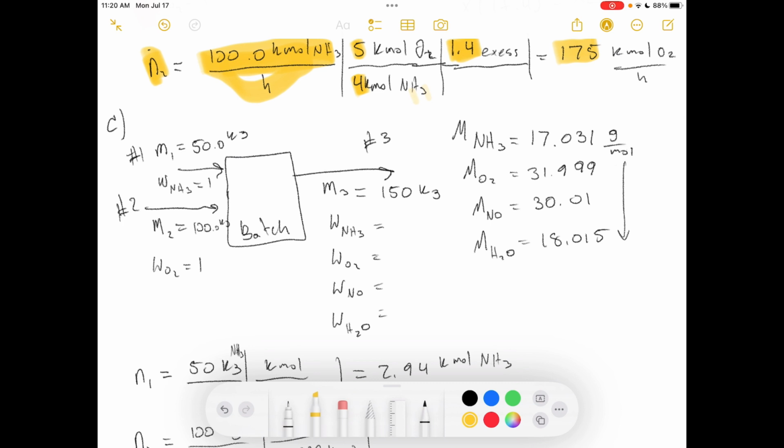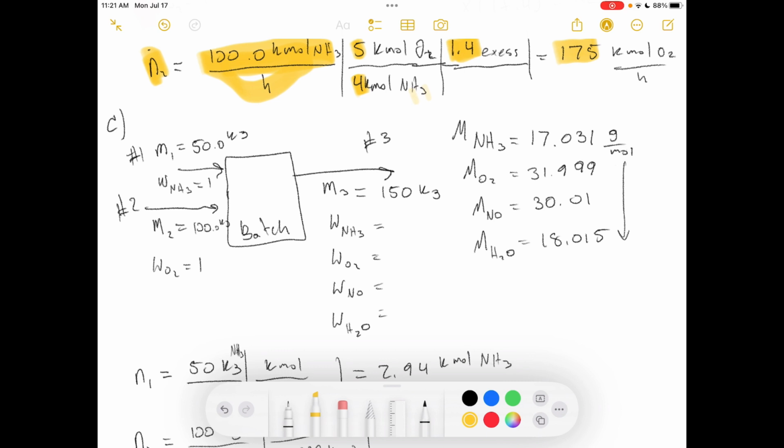Part C. If 50 kilograms of ammonia and 100 kilograms of oxygen are fed to a batch reactor, determine the limiting reactant, the percentage by which the other reactant is in excess, and the extent of reaction in moles, and mass of nitric oxide produced in kilograms if the reaction proceeds to completion.